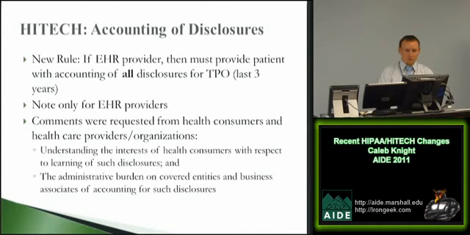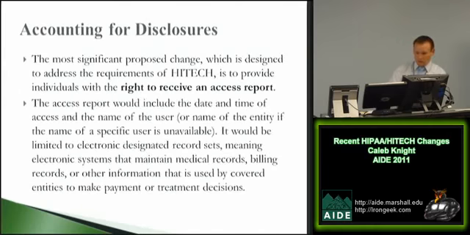So importantly, this puts a pretty big burden on a covered entity, because basically what you've got with the accounting for disclosures rule is that anytime someone's patient health information is accessed, certain software will assign basically an audit trail.